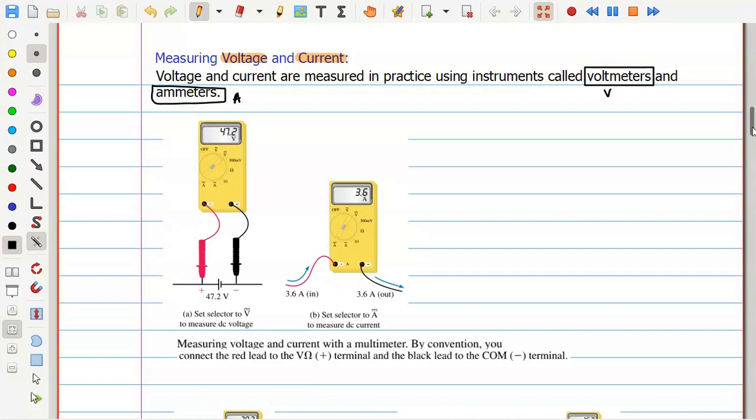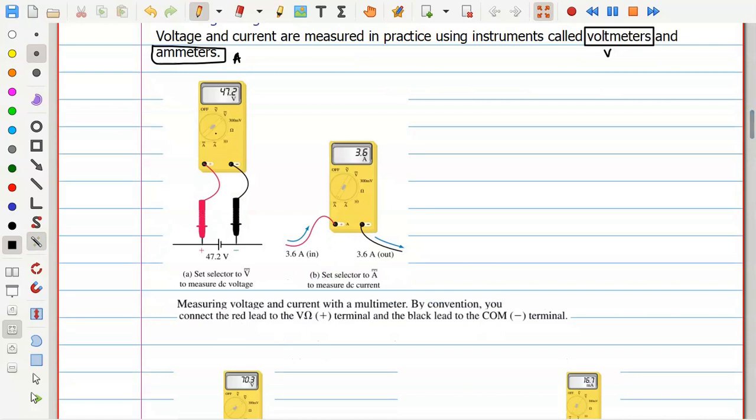Clear? And when you come to the lab, you can see that these devices have different settings in a single device, like this knob. If you put this across V, that means this meter is configured to measure the voltage. If you put the same knob across amps, then it is configured to measure the current in amperes.